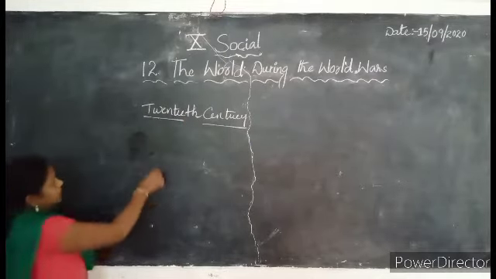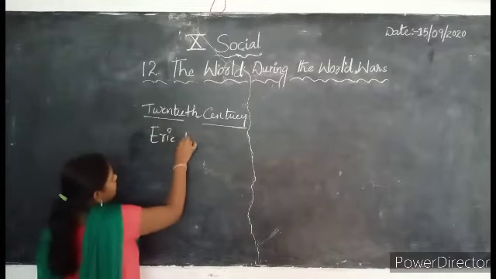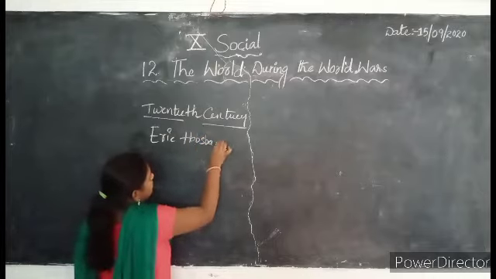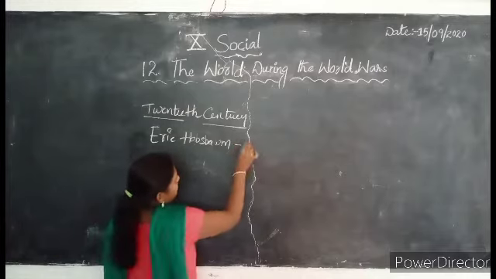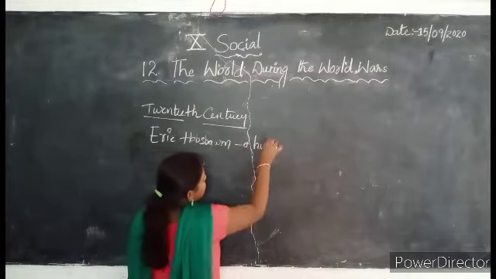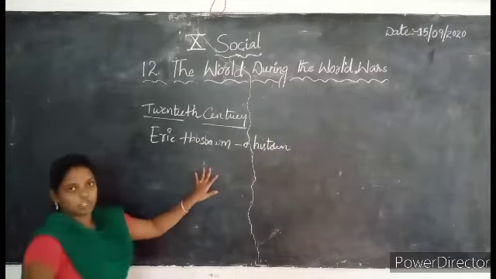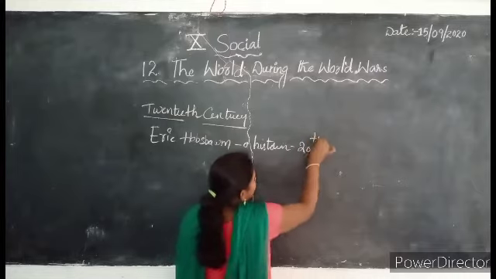A person named Eric Hobsbawm was a historian. The person who studies history, we can call him what? Historian.